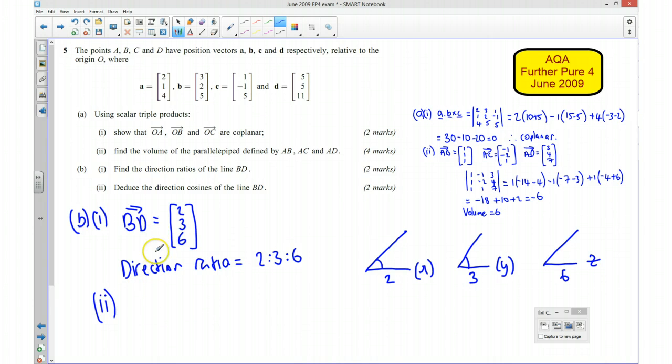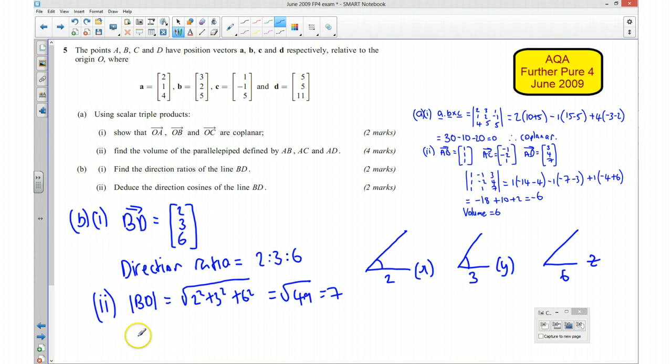So I need to find what the magnitude of BD is, and that's going to be the square root of 2 squared plus 3 squared plus 6 squared, which is the square root of 4 add 9, which is 13, add 36, which is 49, which gives us 7.